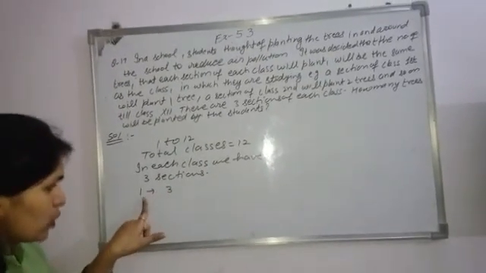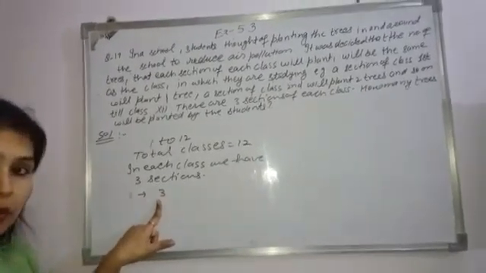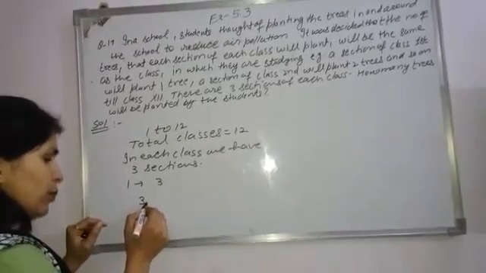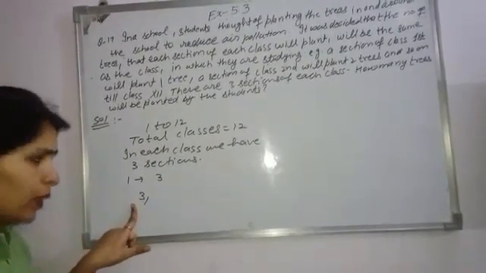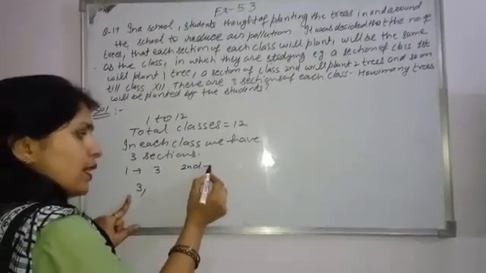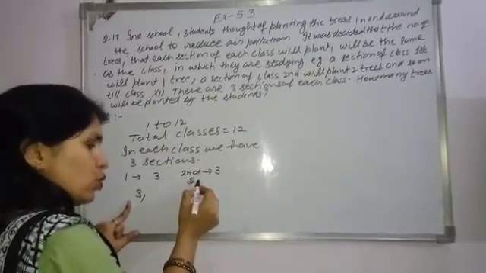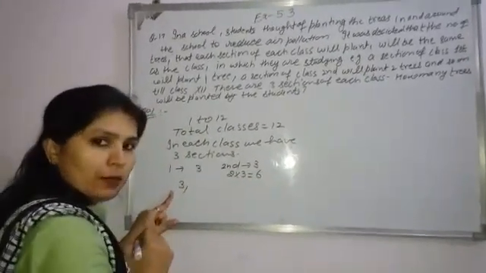So if a student is of first class and we have 3 sections, how many plants will be planted by the students? 3 plants. Okay. Now come to the second class. Students of second class, and we have 3 sections. So in second class with 3 sections, how many plants will be planted by the students?